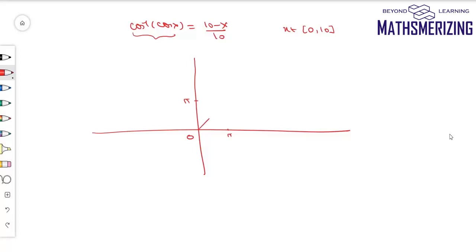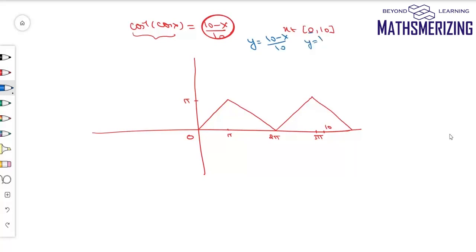So I'll draw this line, y equals x, and then pi, 2 pi, 3 pi, and just after 3 pi it will be 10.